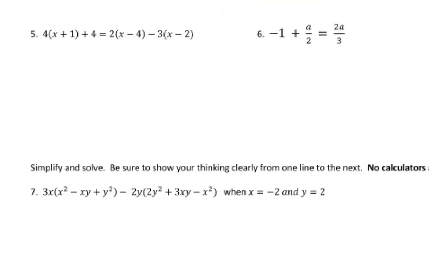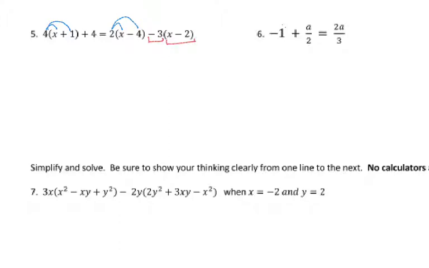So now we need to apply the distributive law to this first problem, question number 5. Basically, what I want you to do is apply the distributive law to everything. You'll notice that here we have a minus 3 multiplied by (x plus 2).